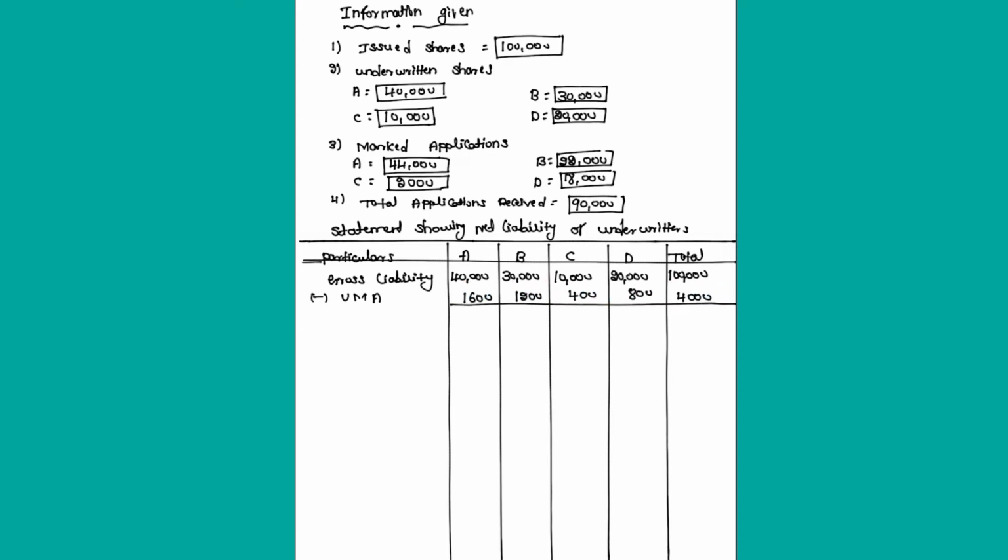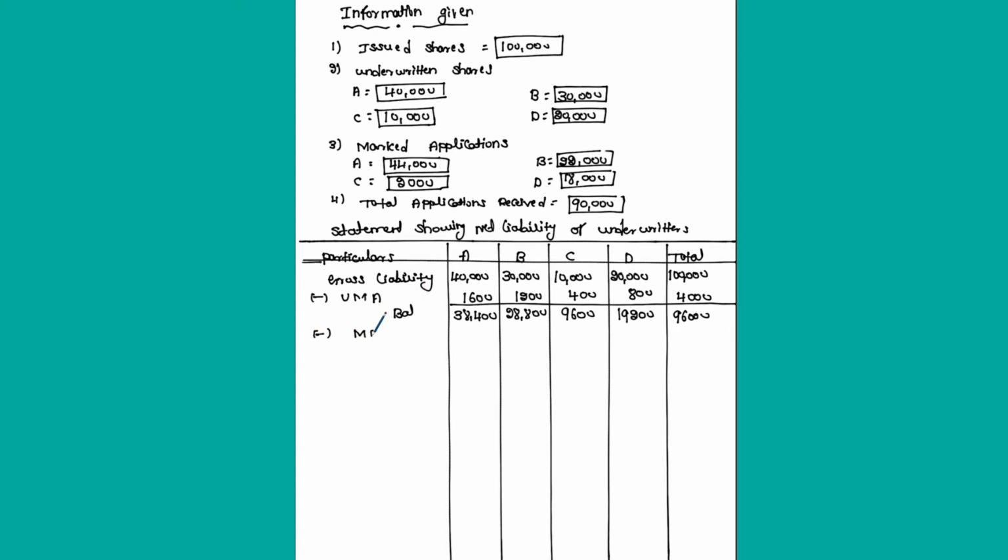If you take the balance: 96,000, 19,200, 9,600, 28,800, 38,400. This will be your balance.